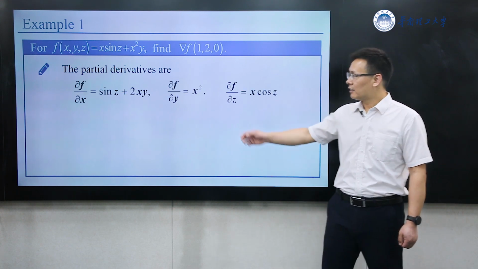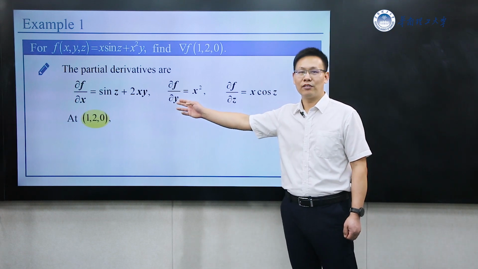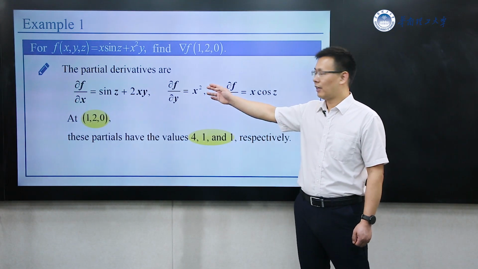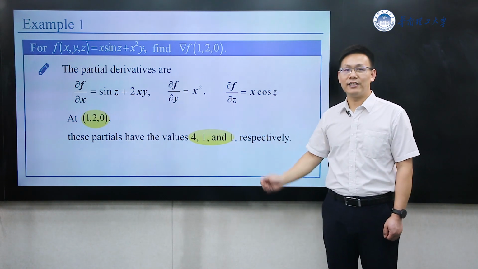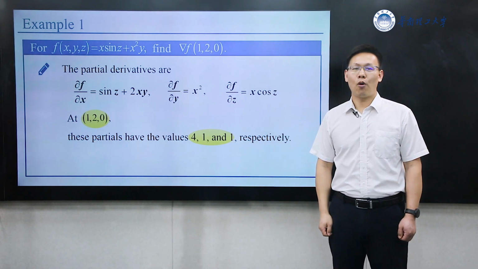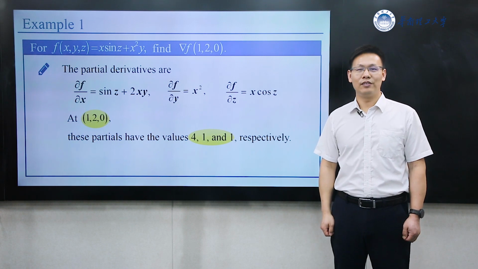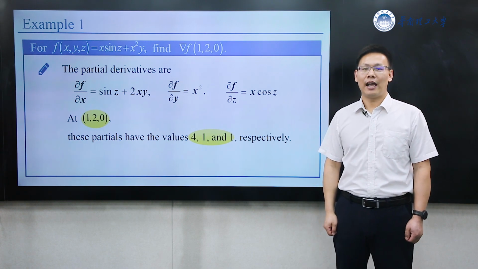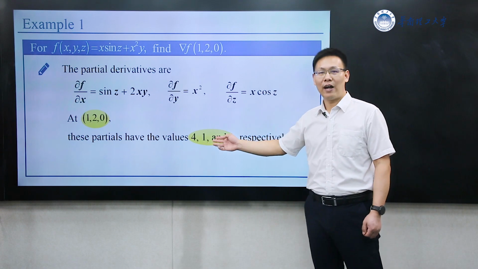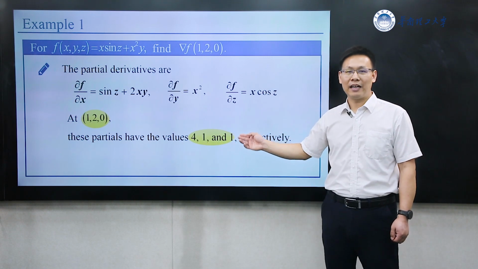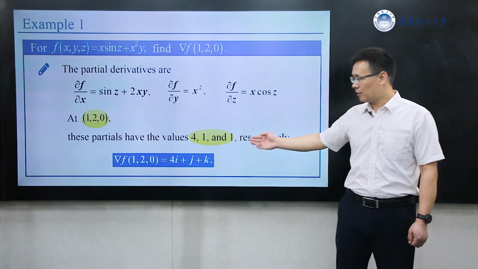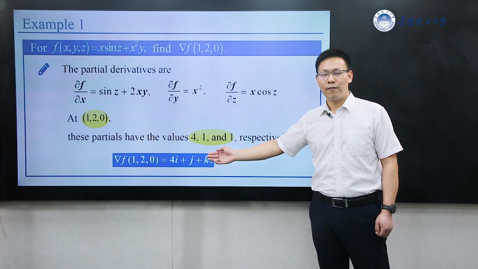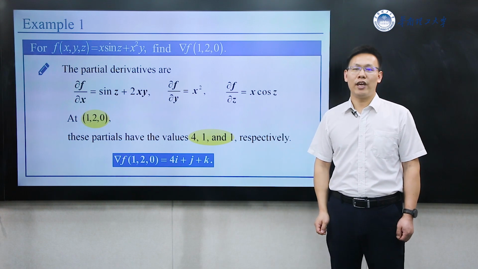They are sin z plus 2xy, x squared, and x cosine z. At the point (1, 2, 0), the three partials have the values 4, 1, and 1, respectively. So, the gradient is the vector 4i plus j plus k.